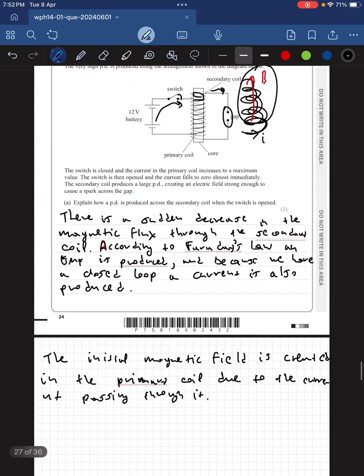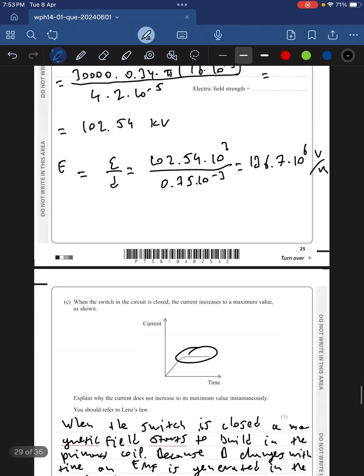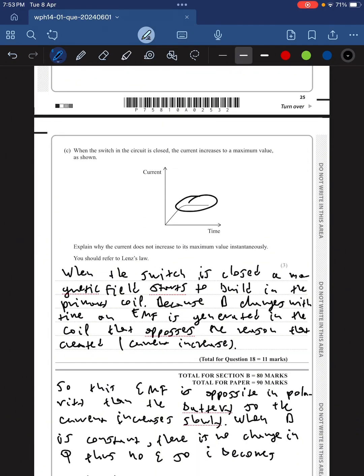To make it clear, if we go back here, what's happening is that when you close the switch, the magnetic flux density starts building in this primary coil. And because the current increases slowly, the magnetic flux B changes with time, which produces an electromagnetic force in this primary coil, which acts like a battery in the opposite polarity to this battery, and this is what makes the current increase slowly. Eventually that induced EMF goes to 0, and that's the answer.